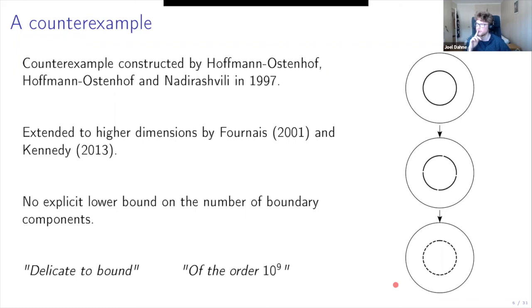Yes. Okay. Then I think you could add one more thing to your list of what you have proved, namely that there exists a Lipschitz domain where there is a counterexample, because the Hoffmann-Ostenhof domain is not a Lipschitz domain when it is just a circle with holes. Right? Yes, that's true, I guess. So it's not a Lipschitz domain, and you not only gave a few holes, but you also provided a Lipschitz domain where the counterexample can be given.